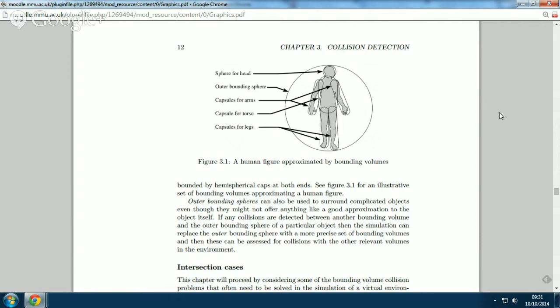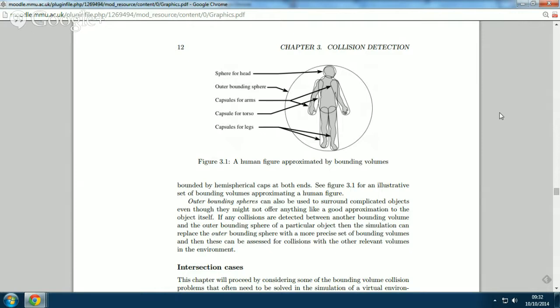Also shown here is what's called an outer bounding sphere. So even though you might be using some detailed description of the object with bounding volumes, you still make use of a very coarse, simplified, single sphere surrounding the object. Because there's a computational cost to seeing whether a bullet is going to intersect or collide with any of these small bounding volumes around the object being modeled, because you've got to test 1, 2, 3, 4, 5, 6 things.